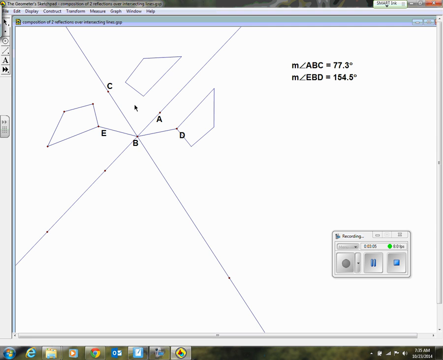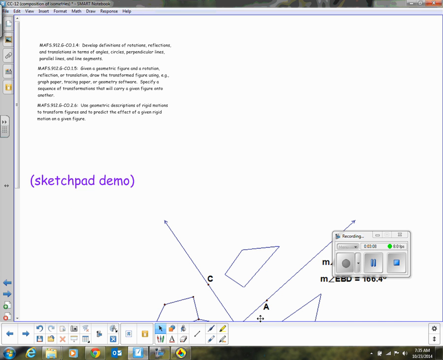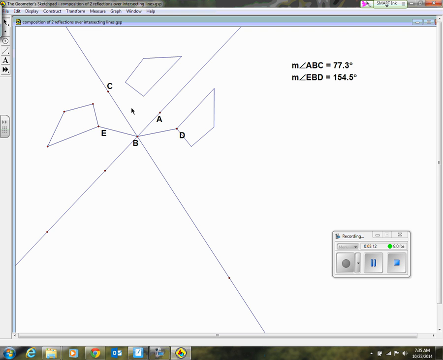This is 70. I need a pen. Is this going to let me write? Hopefully. This is 77.3 degrees. But what is the rotation from here to here? Which is double this.